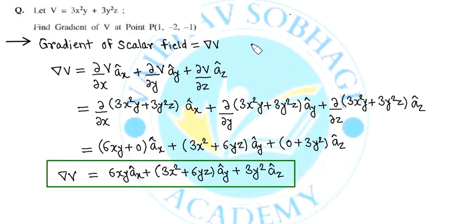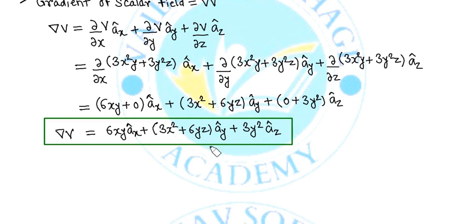Now next, we have to find out that gradient at the given point P. And what is that point P? We have to find del V at the given point P, which has the coordinates 1, -2 and -1. Now we just have to put the values of x, y and z into this equation.